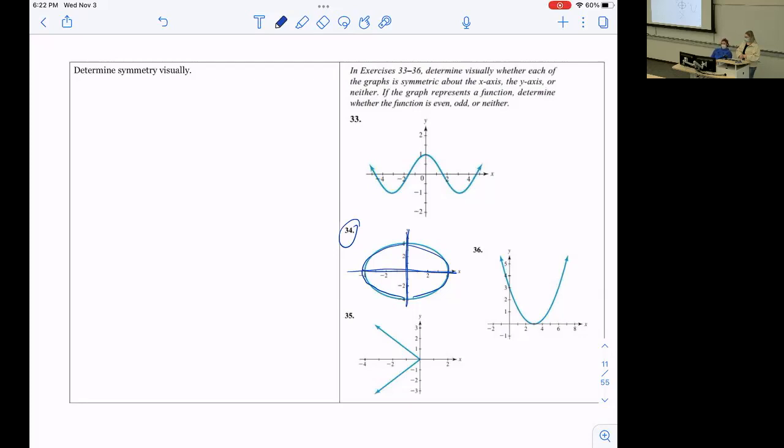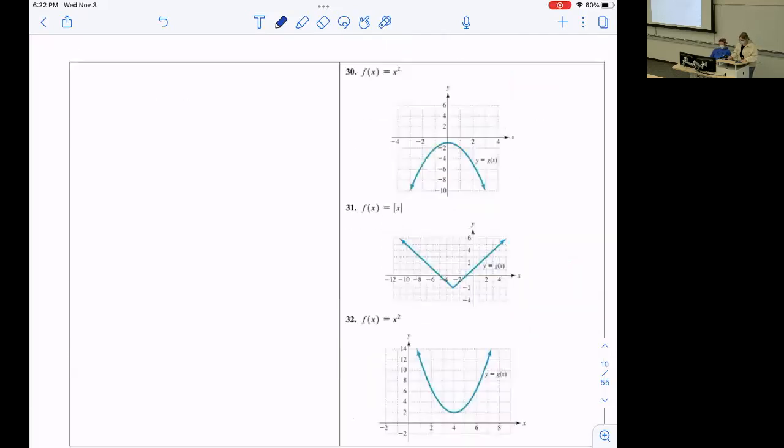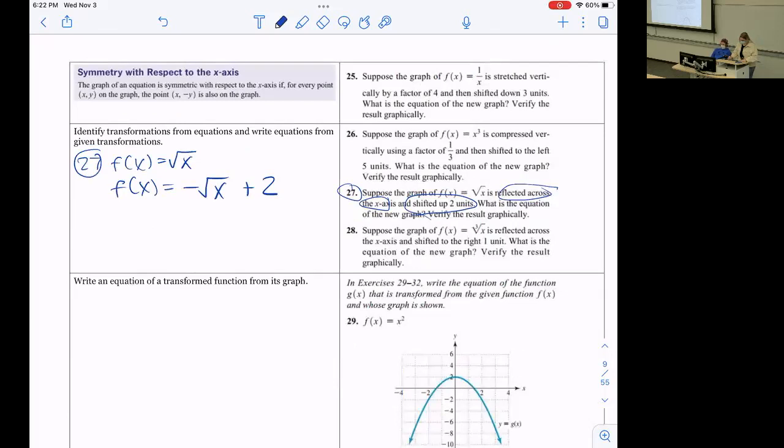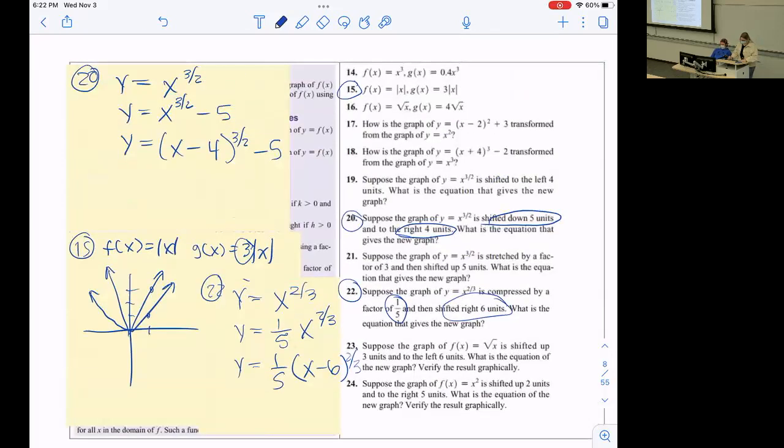How do you determine even, odd, or neither? An even function means that it will have symmetry across the y-axis. You can look at that graphically, or going back up to where it talks about this, on page 8, under the sticky notes.